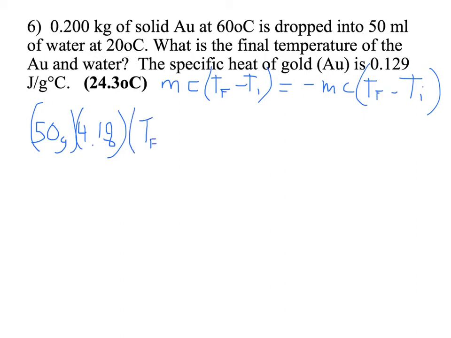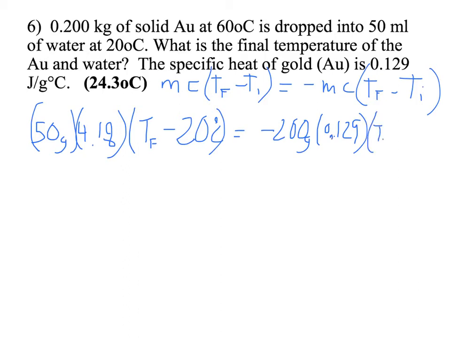That's equal to the final temperature minus the initial temperature of the water, and the initial temperature of the water was 20 degrees Celsius. That's going to be equal to the negative, because it's coming out of the metal, 2.2 kilograms of gold, which is the same thing as 200 grams, times the C for gold, 0.129 joules per gram degree Celsius, there's a decimal point in there, times TF minus 60 degrees Celsius.